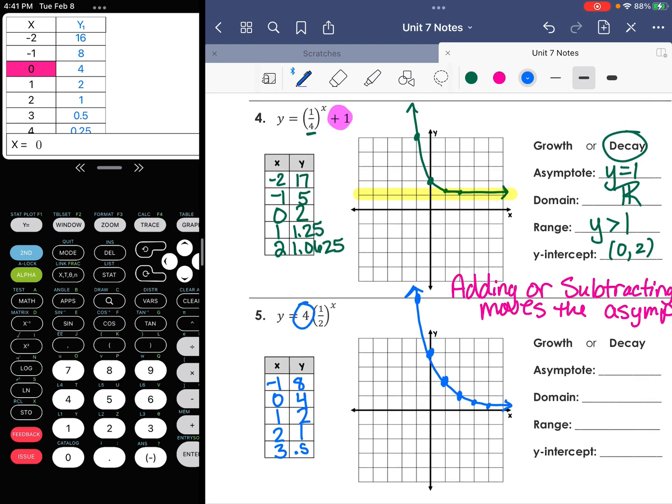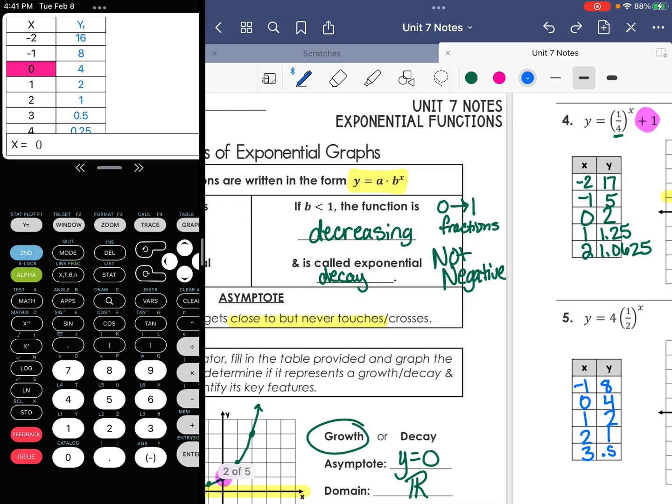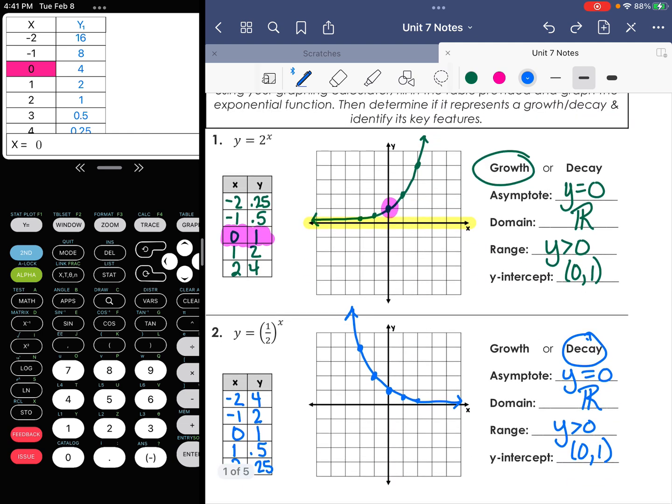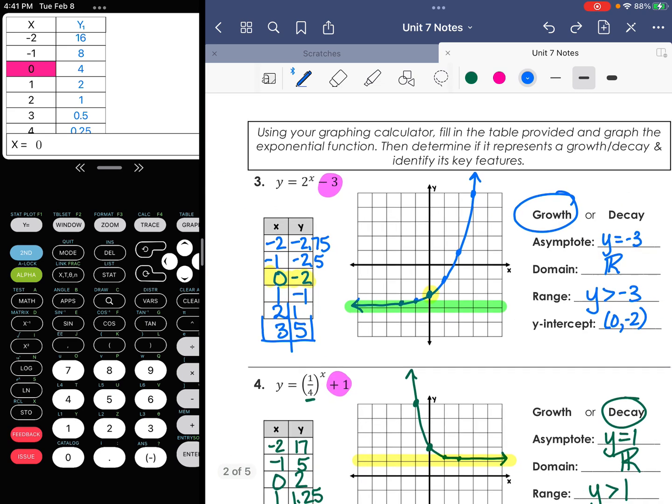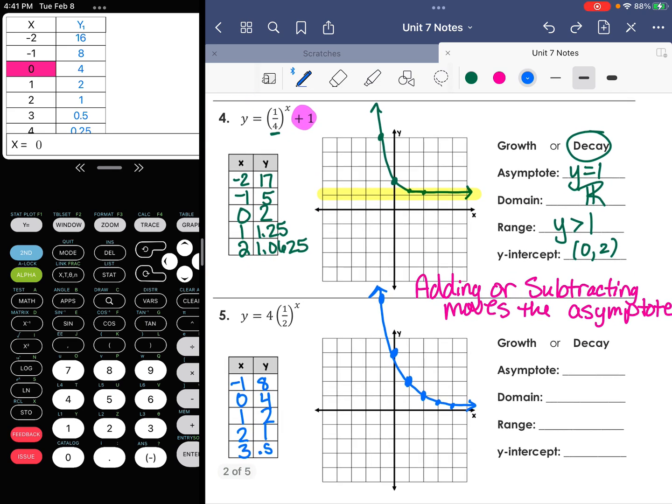So we had -2 with 4. Now we've got -2 with 16. Then we had -1 with 2. Now we have -1 with 8. Before, our y-intercept was 0, 1. Now it's 0, 4. So this entire situation has been bumped up by a factor of 4. That's why it got so much taller than the other one.